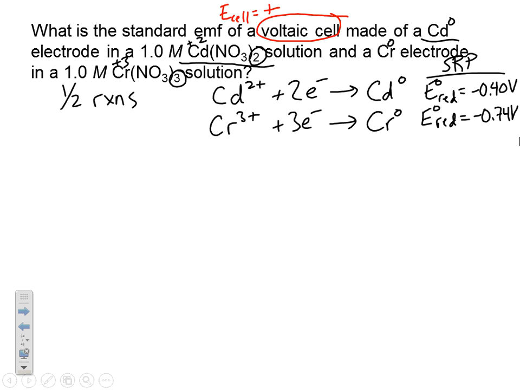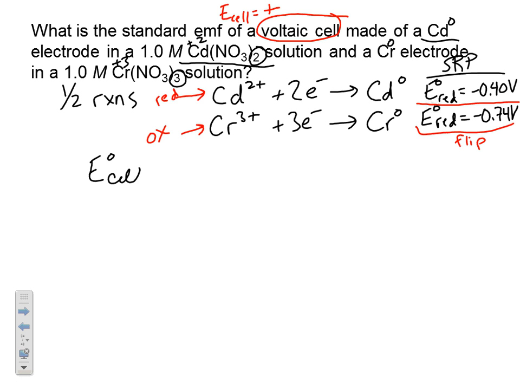The cadmium has the more positive E-red value, which means that there's more push to reduce the cadmium than there is to reduce the chromium. So I'm going to keep the cadmium as being reduced, and therefore I'm going to flip the chromium. The chromium will be oxidized. I'm going to flip the more negative one. So calculating E cell then, E cell equals E-ox plus E-red.